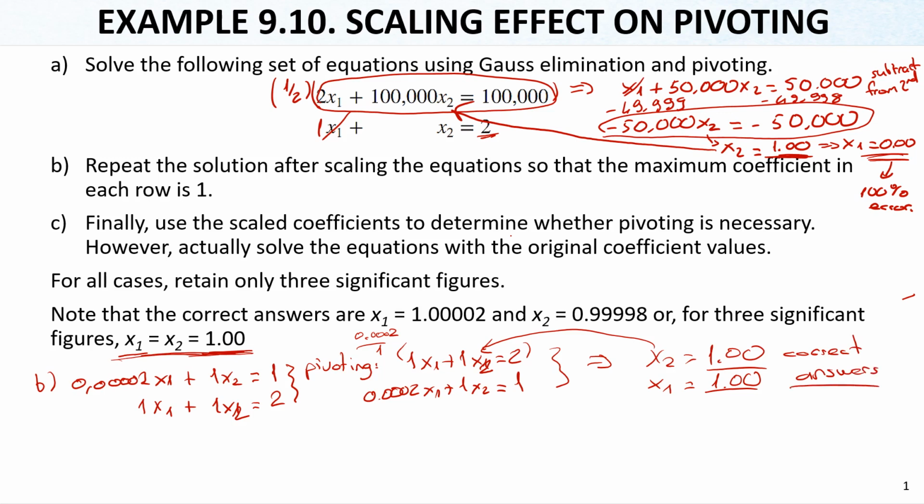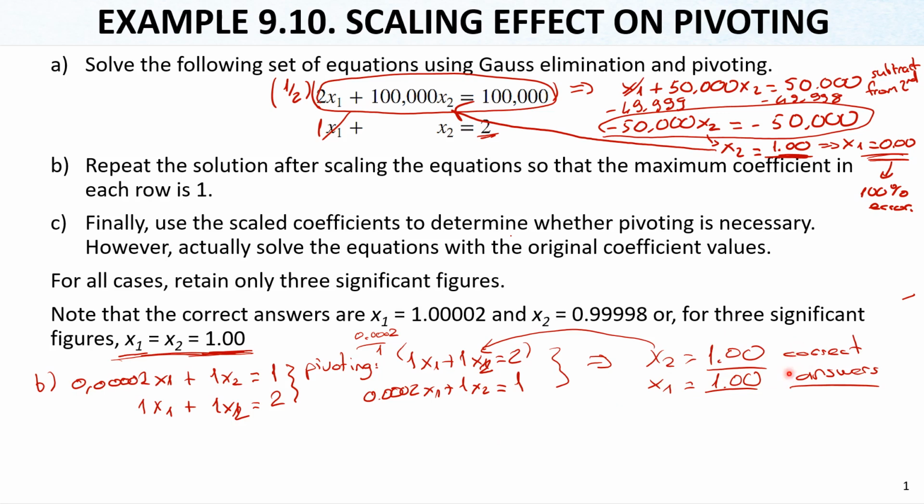So scaling is important. If we summarize, in the first one we applied pivoting, but we didn't scale, and we have a problem of having a large error. But we used scaling and had the largest coefficient 1, then applied pivoting, and then we were able to find the true results.